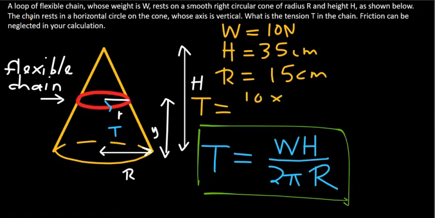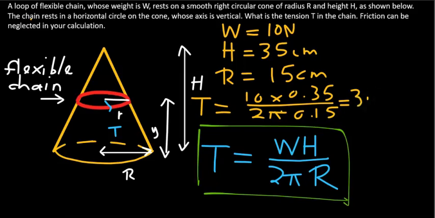Capital H is 35 cm, so 0.35 meters, divided by 2 pi times radius. So radius is 15 cm, or 0.15 meters, which will give you an answer of about 3.7 newtons for the tension. And that solves the problem.